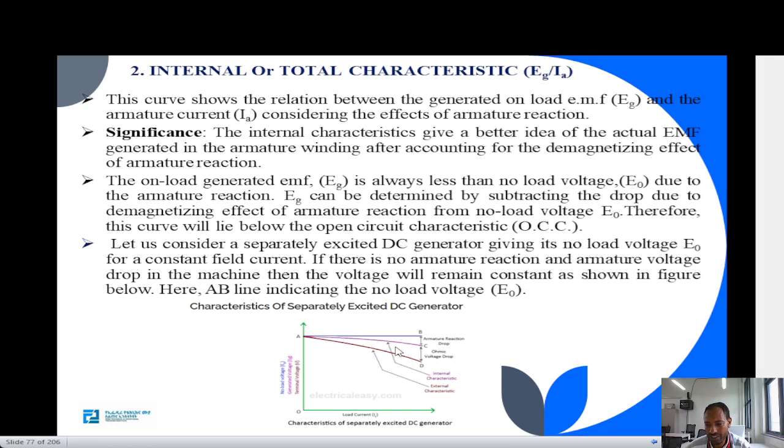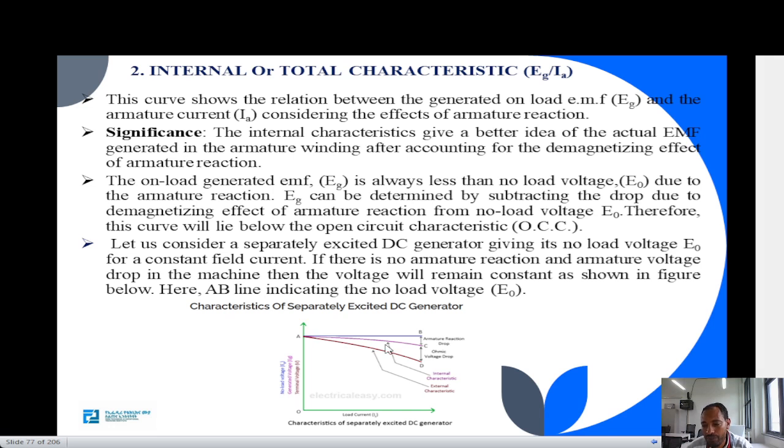It lies below that. See, this is the no load voltage curve.